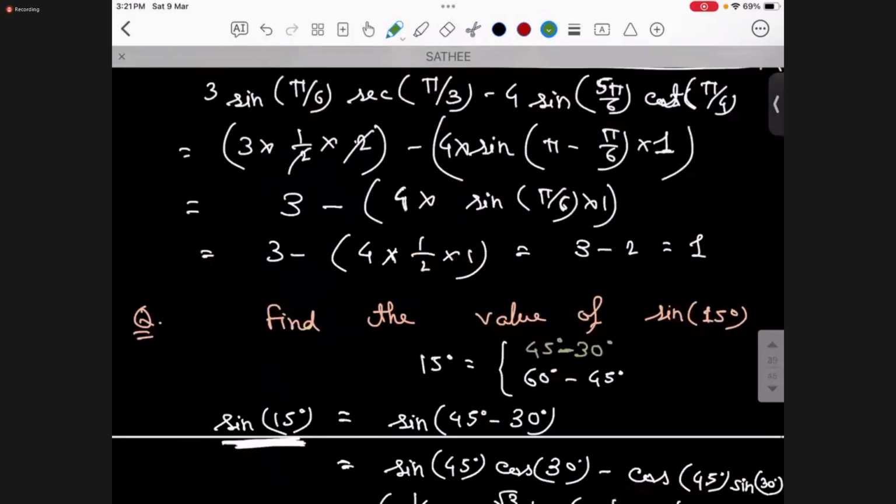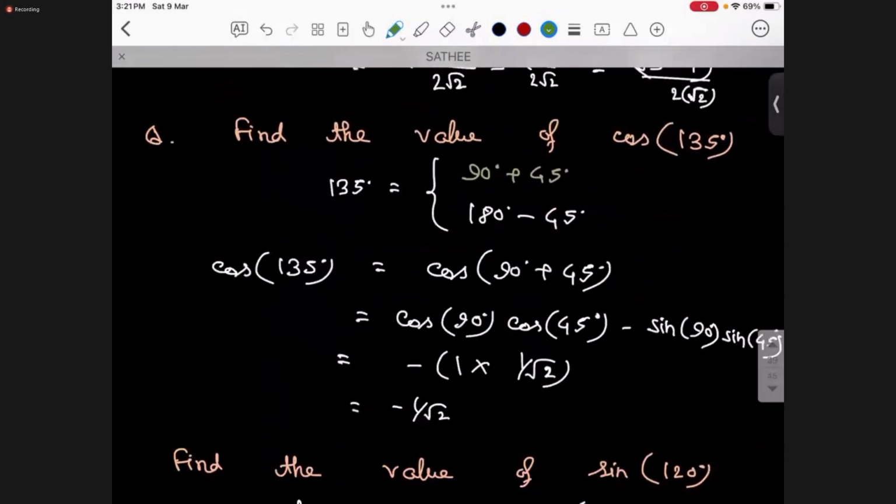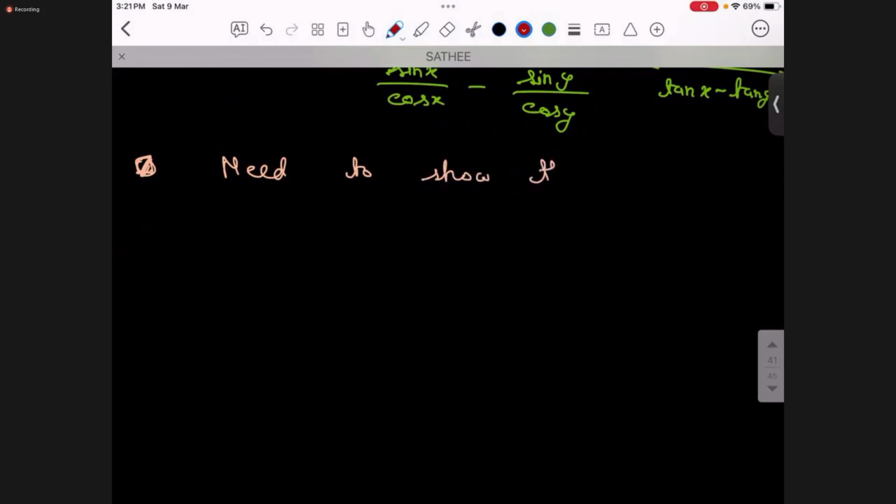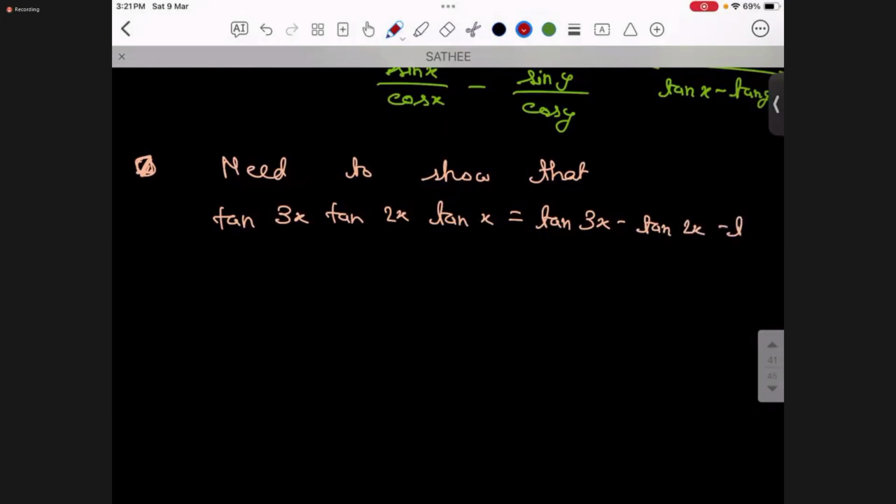So what we need to prove, let's write once again: we need to show that tan 3x tan 2x tan x is equal to tan 3x minus tan 2x minus tan x.